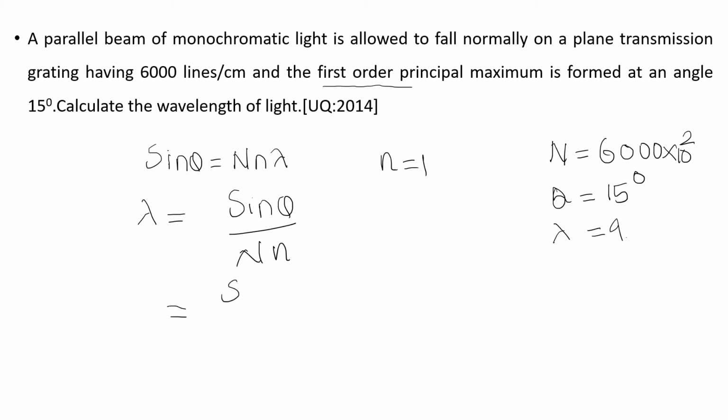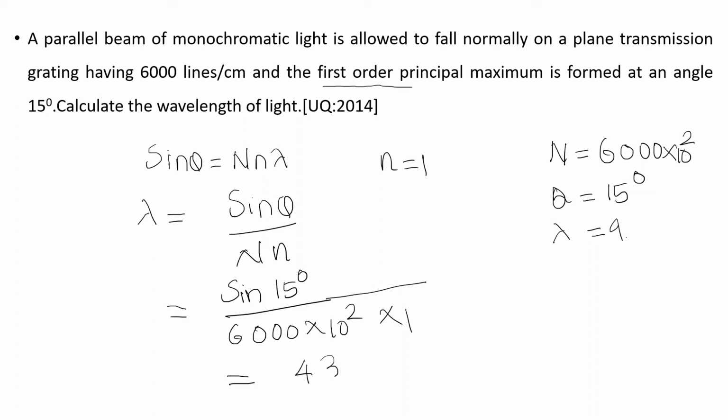Substituting the values, we get sine 15 degree divided by 6000 into 10 square into 1, and this will give a value of lambda as 4313 angstrom.